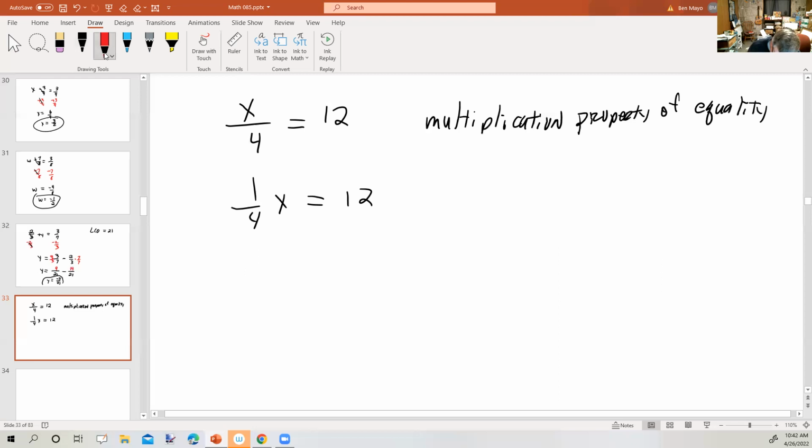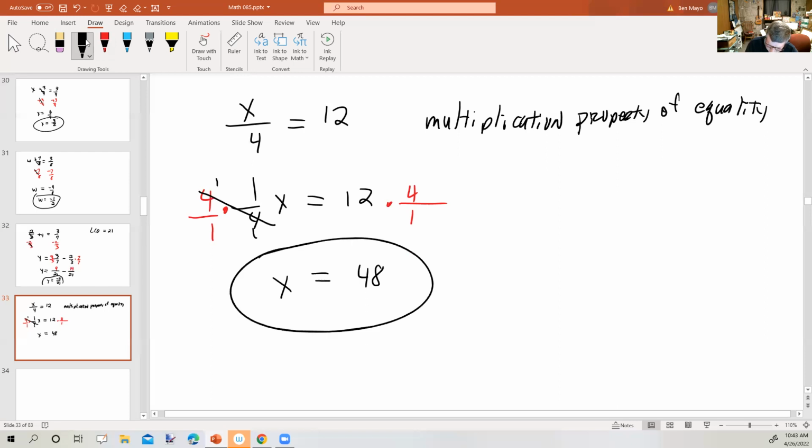We multiplied both sides of the equation by the reciprocal of the coefficient. The reciprocal of 1/4 is 4 over 1, or just 4. So now on the left side of the equation, the 4 is reduced down and I have 1 times x, or just x. On the right side of the equation, 12 times 4 is 48, divided by 1 is still 48. Any questions about that example?